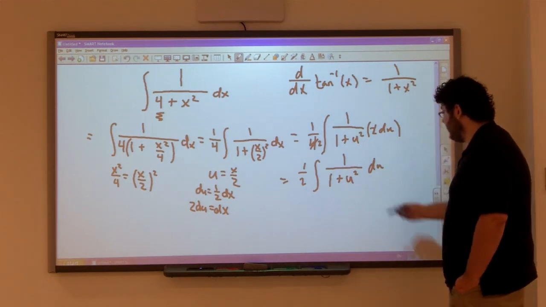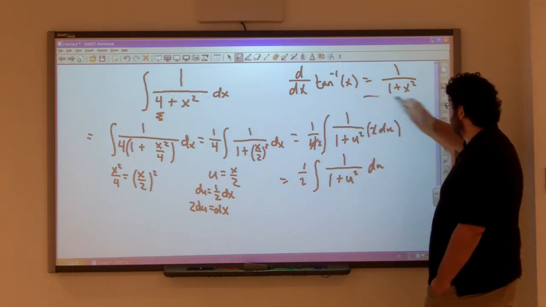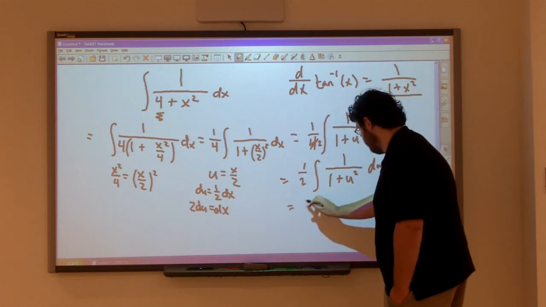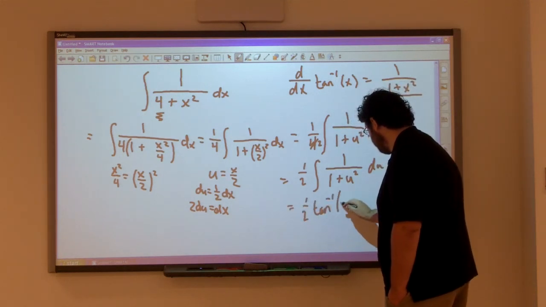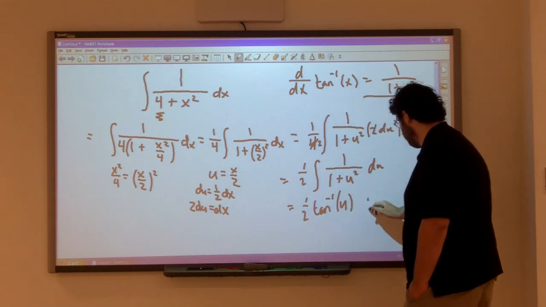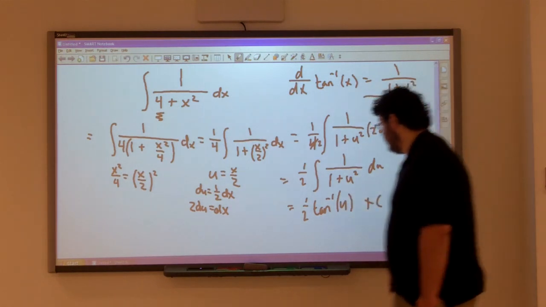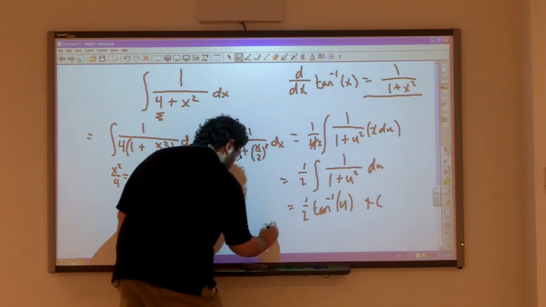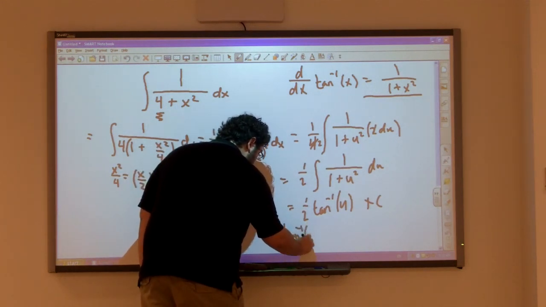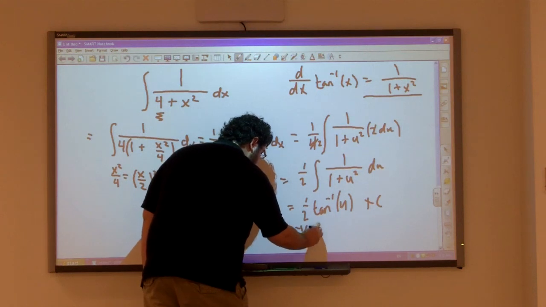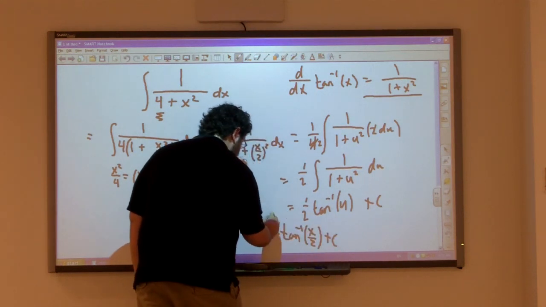And now we can recognize this as the inverse tangent of u by this rule. So this is 1/2 inverse tangent of u plus a constant. And then we just substitute back in our u. So this is 1/2 inverse tangent of x over 2 plus a constant.